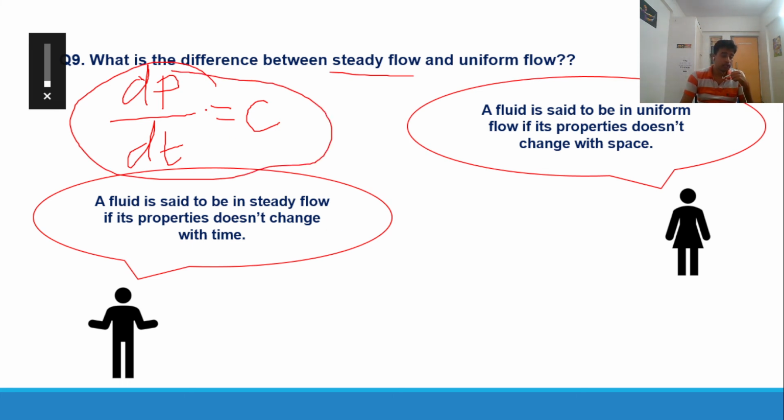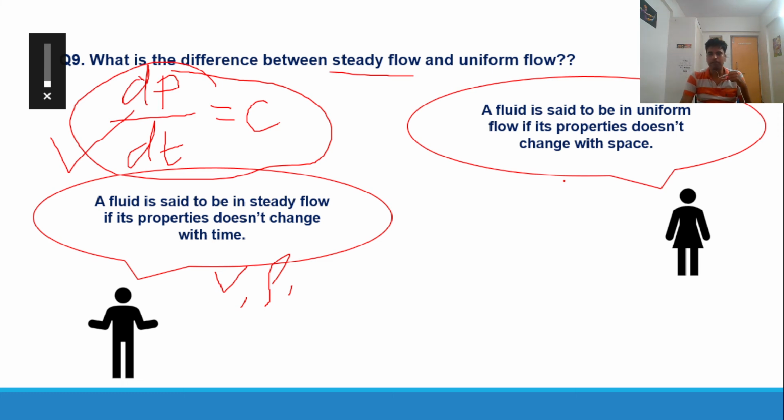What can be the properties of fluid? Like velocity, like density, some other properties are also compressibility. Okay. So if these properties are consistent with time, they don't change with time, this can be told to be a steady flow.